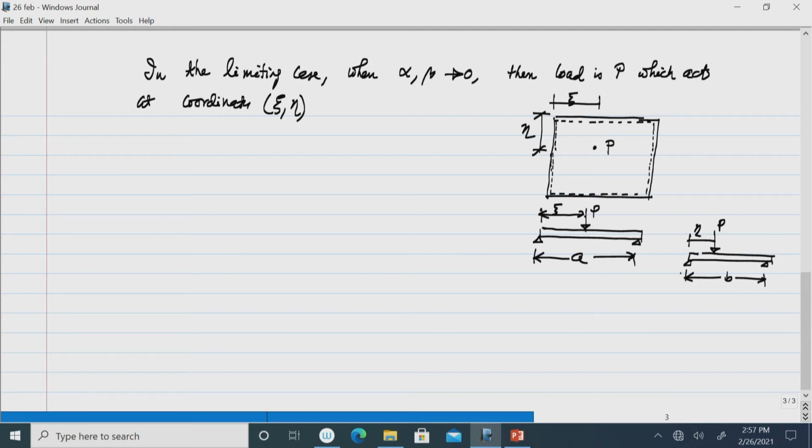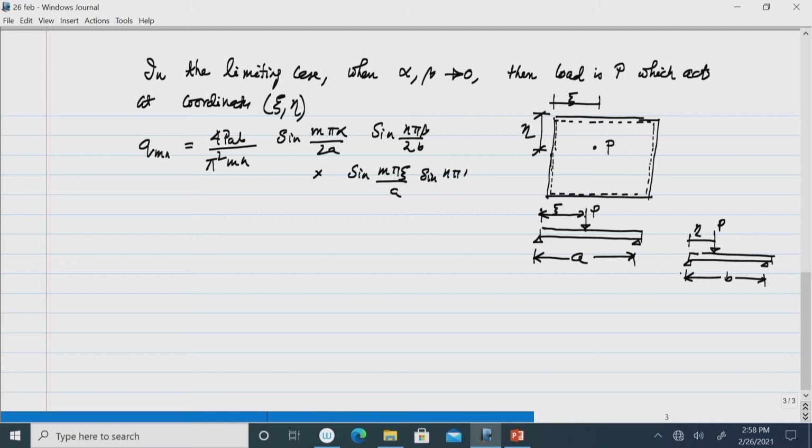Okay. So, we have the expression for Qmn. Qmn was 4PAB/(π² mn), and then sin(mπα/2a) sin(nπβ/2b), then multiplied by sin(mπξ/a) and sin(nπη/b). And α and β, these parameters were also there in the denominator.